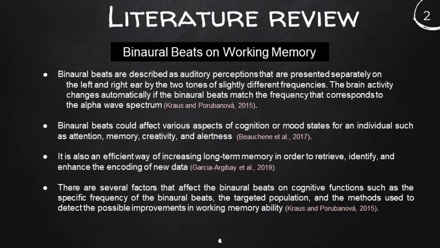There are several studies that have shown the relationship between the binaural beats and the memory. First, binaural beats are described as auditory perceptions that are presented separately on the left and right ear by two tones of slightly different frequencies. A study by Cross and Parabanova has shown that the brain activity changes automatically if the binaural beats match the frequency that corresponds to the alpha wave spectrum.